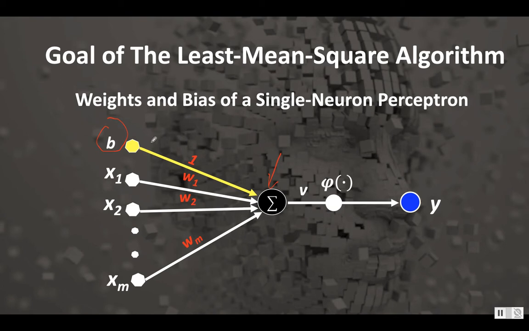Alternatively, we can set the input equal to 1 and the weight equal to W0, so finding the optimum b becomes finding the optimum W0. Overall, the input to the perceptron becomes 1, x1, x2 until xm, the weights are W0, W1, W2 until Wm, and our goal is finding the optimal weight vector.